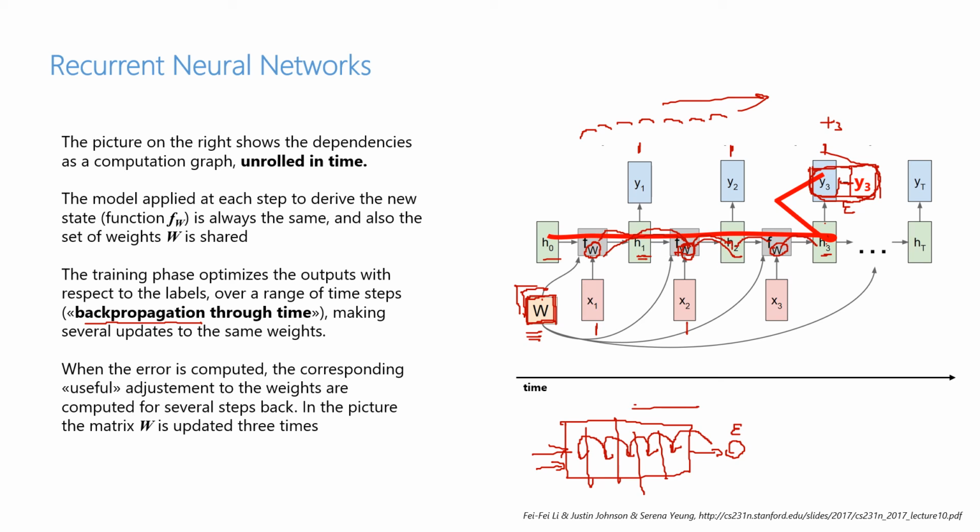This is called backpropagation, because the error is propagated back through the layers and the updates are propagated back through the network. For a recurrent neural network, we can also go back in the time steps, so we can backpropagate through time.